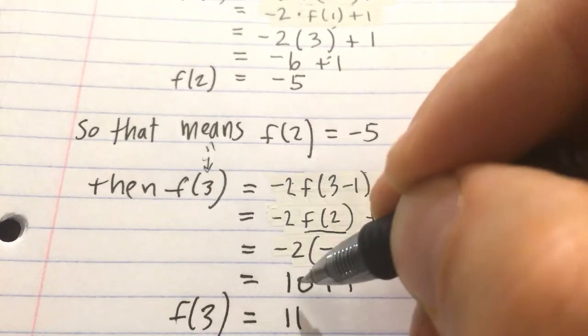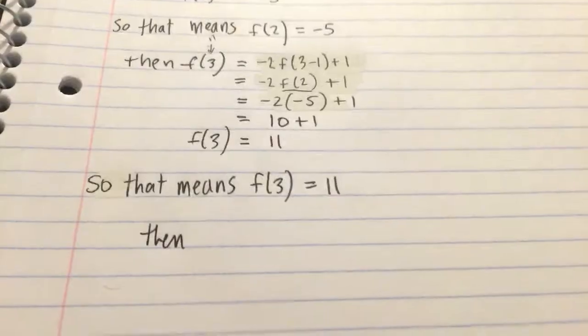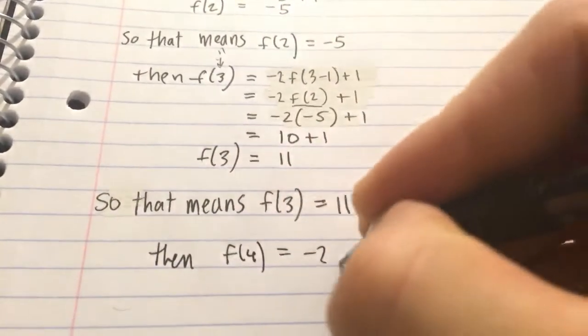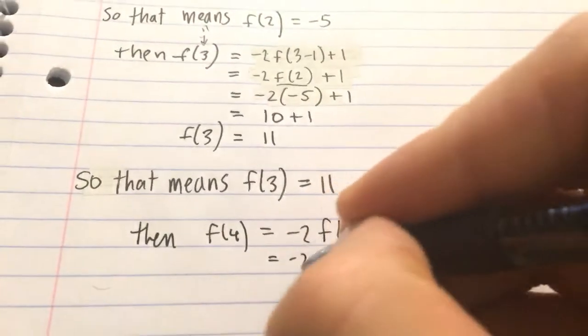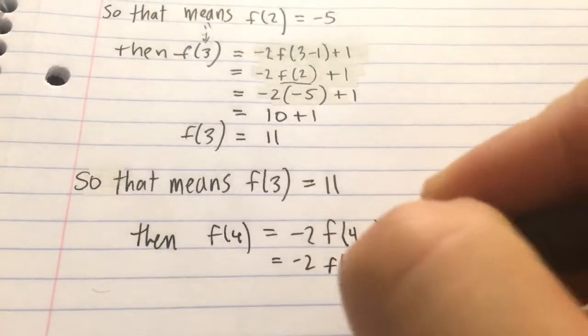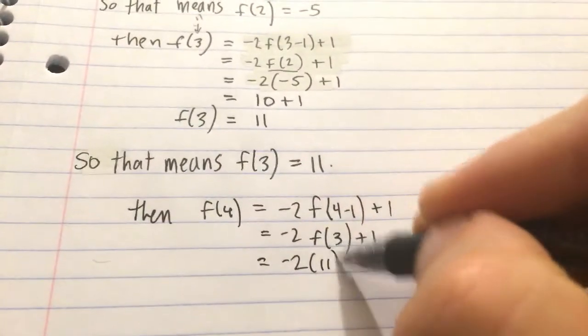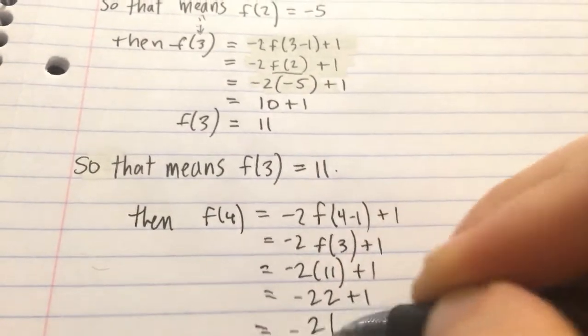Negative 2 times negative 5 is positive 10. 10 plus 1 is 11. Then f of 4 will be negative 2 f of 4 minus 1 plus 1, negative 2 times f of 3 plus 1. We know that f of 3 is 11. So I say negative 2 times 11. I get negative 22 plus 1. I get negative 21.